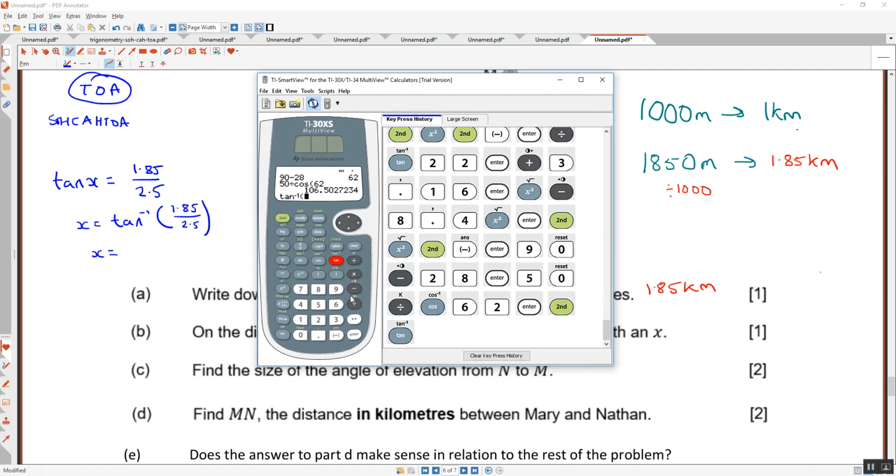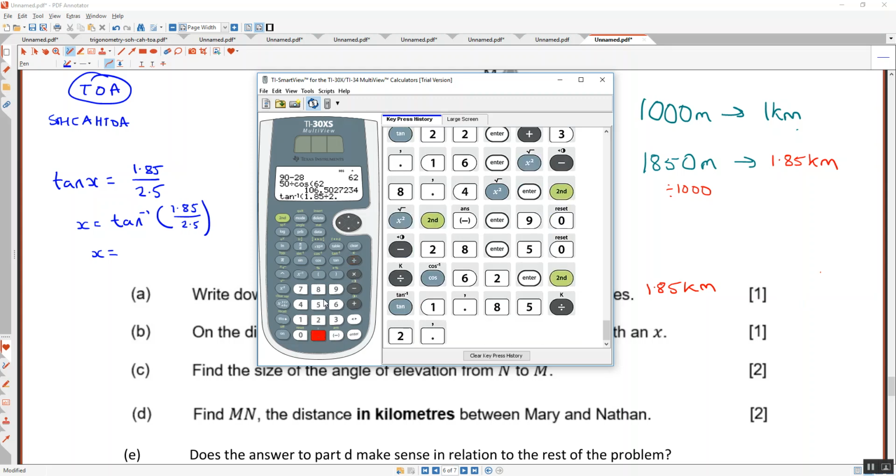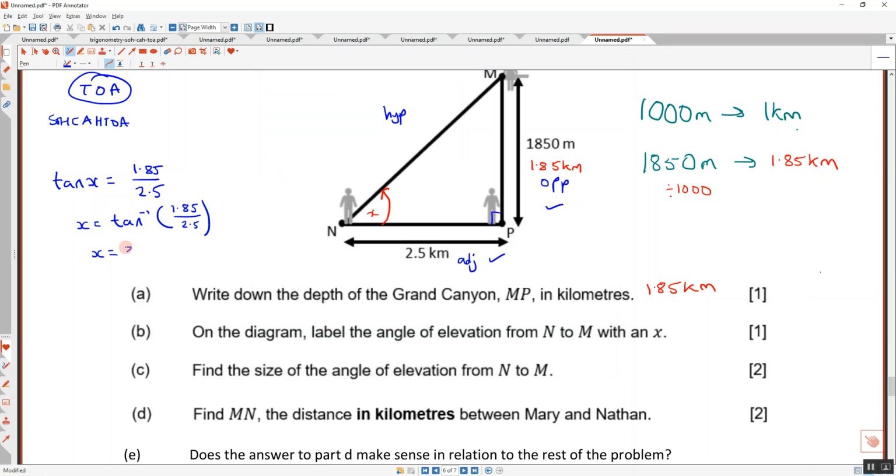Second tan 1.85 divided by 2.5, 36.5. And again, because we're working in degrees, I'm going to round it to the nearest degree, so 37 degrees.